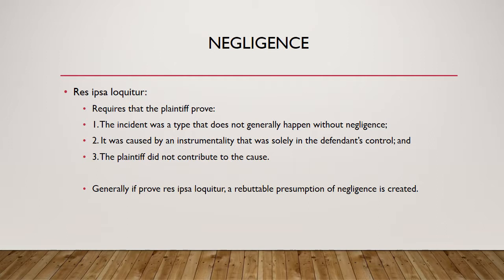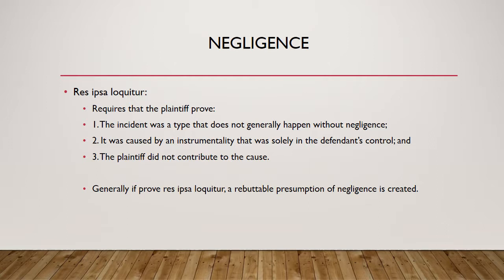An example would be if the plaintiff is standing outside of a business, and from the second floor of the business, say a small barrel that's holding, say, 5 gallons of a drink, rolls out the window and falls and strikes the plaintiff in the head.